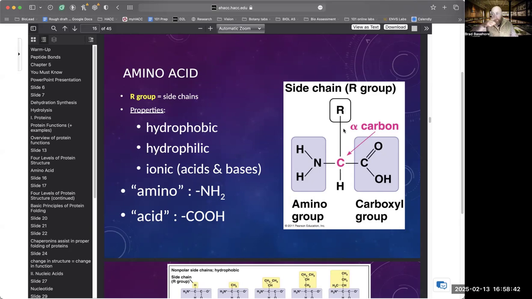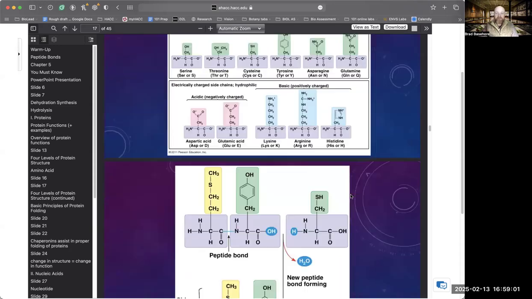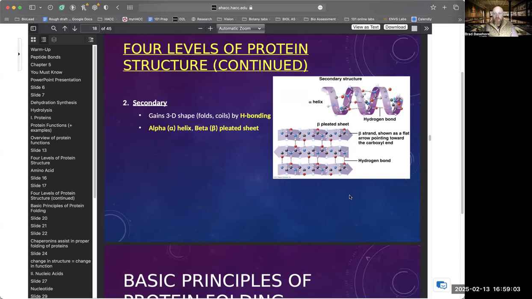So you're getting that helical winding shape and you're getting those flat sheets from what we call backbone interactions, because these amino groups and these carboxyl groups start to do chemistry, start to interact, start to connect to each other. So first level, long string of amino acids. Second level, it starts to fold because of those backbone interactions.